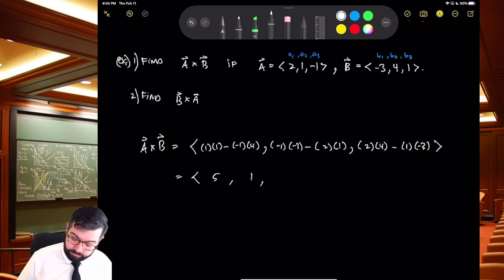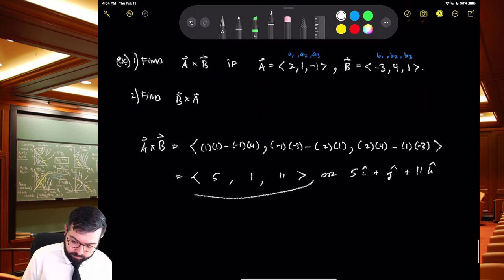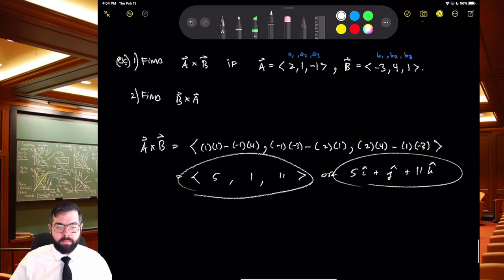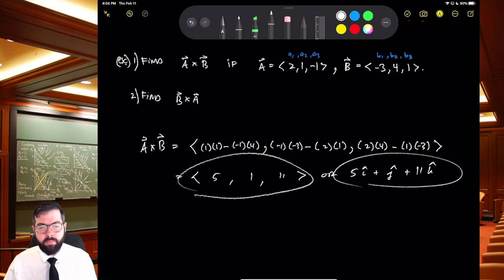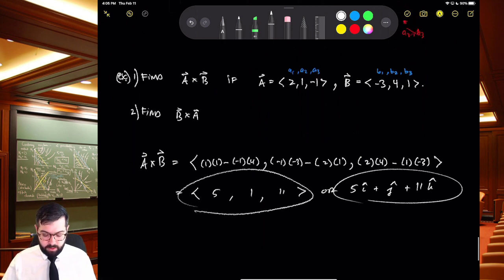Two is 1. 8 plus 3 is 11. Okay. So, not too terrible.